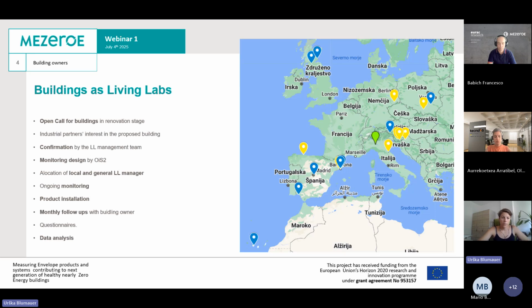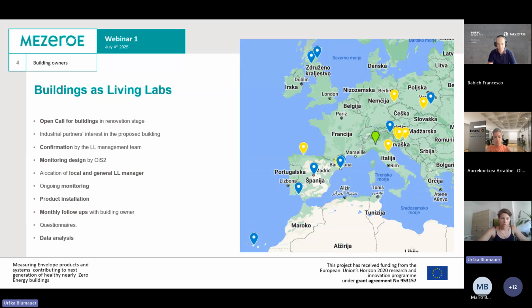And when this was confirmed, the monitoring design that was also presented today by OI Open Innovation Service 2 was done for each of the living labs, then first to measure before the renovation and then after the renovation, to have more feeling what's going on in each of the buildings, because the building owners are not part of the project. We have also allocated local and general living lab managers that were overseeing each of the living labs and then reporting to others so that we know where we are.